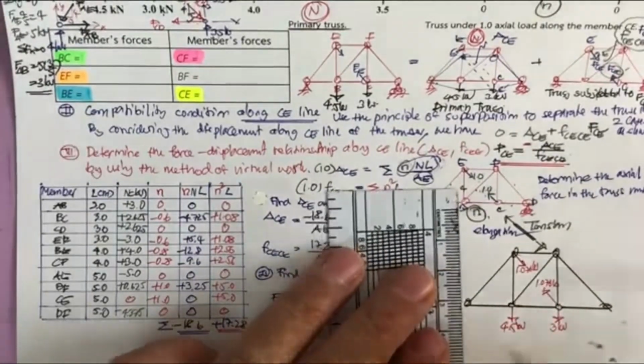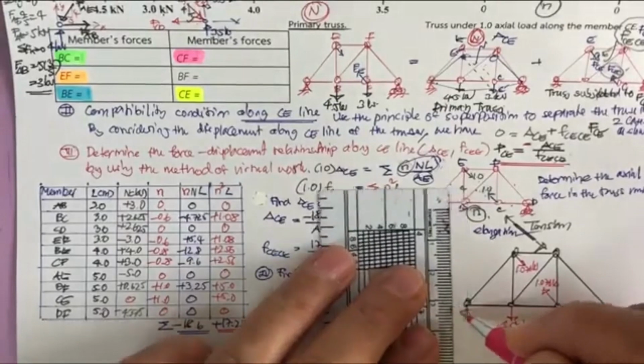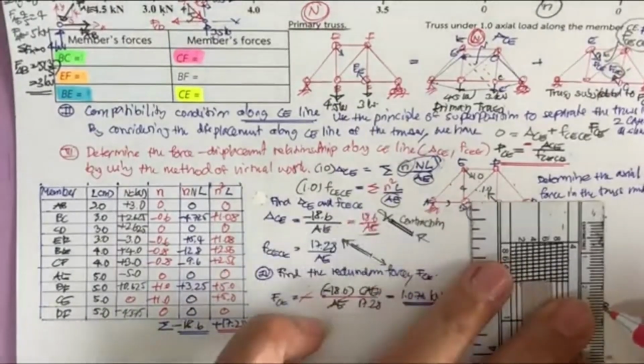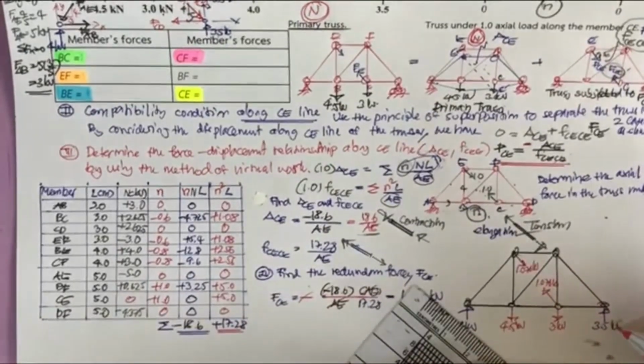And previously you have this reaction as before, of 4 kilonewton, and this is going to be 3.5 kilonewton.